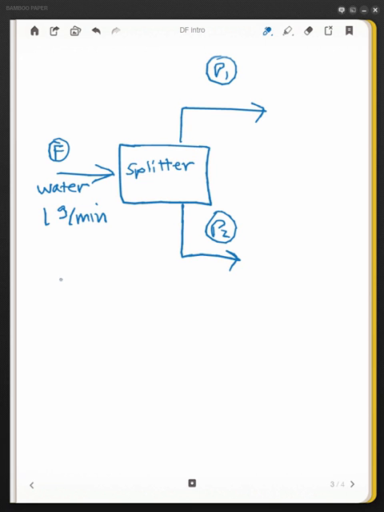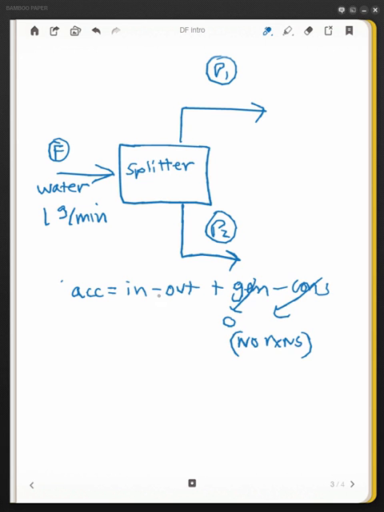So again, we're assuming steady state, and there are no reactions. So again, we have in equals out. So what is the equation for that?